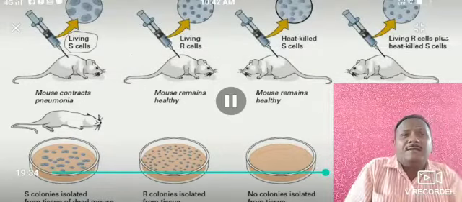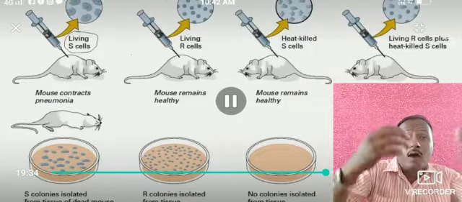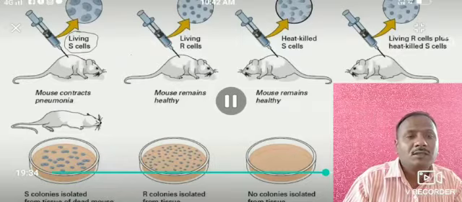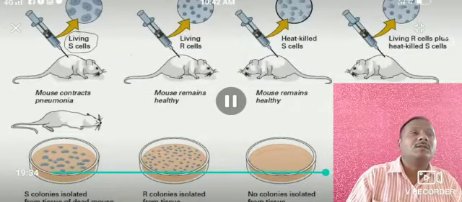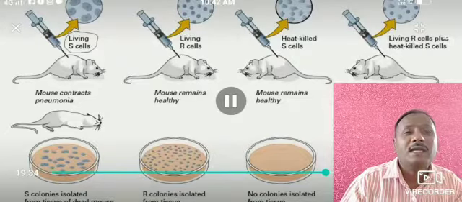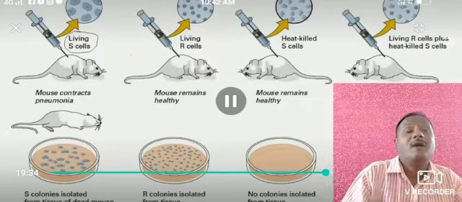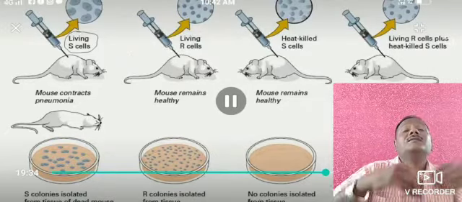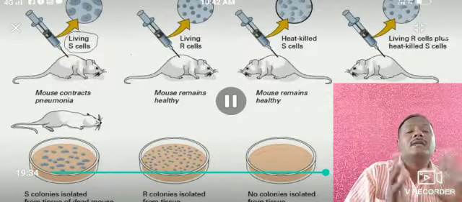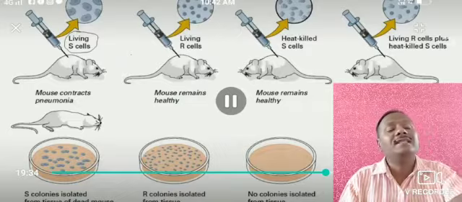Due to the heat-killing process, whatever the pathogenic capacity of the pneumonia bacteria, it was destroyed and the bacteria were killed. That's why the mouse remains healthy.